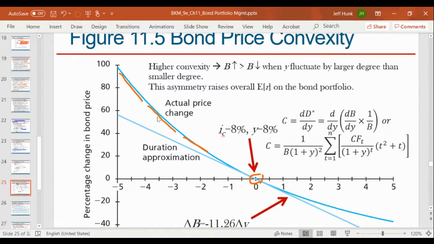For example, at this point, that's the slope, and at this point, that's the slope, right? I mean, we have numerous slopes on a curve.